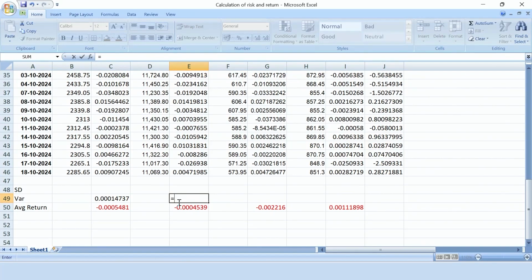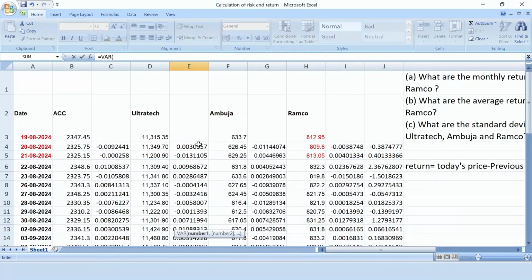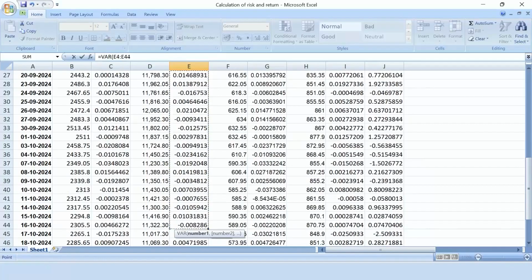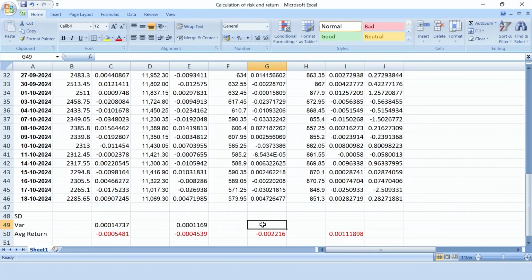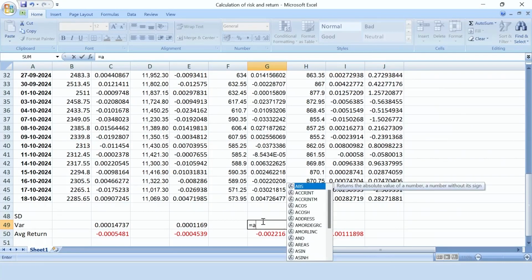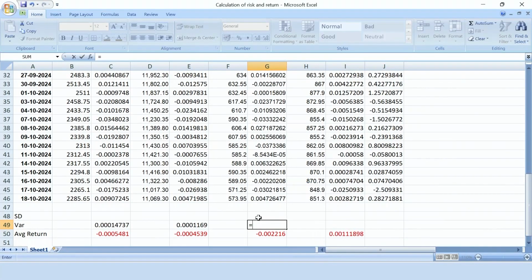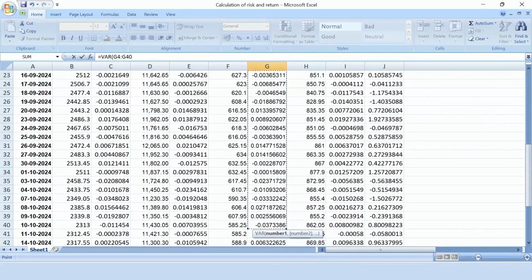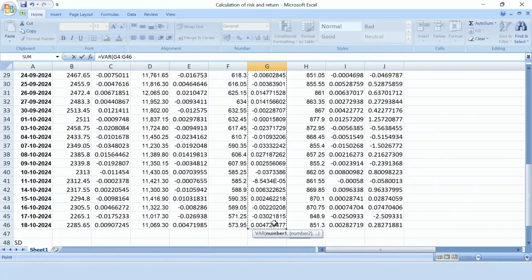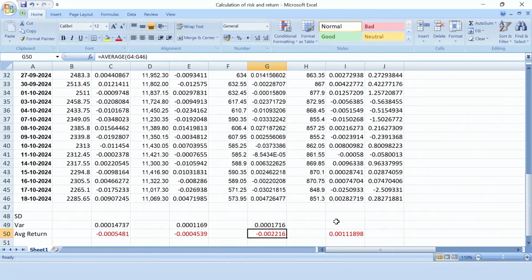Next, come to the second one, variance. In case of Ambuja Cement, and in case of Ramco.